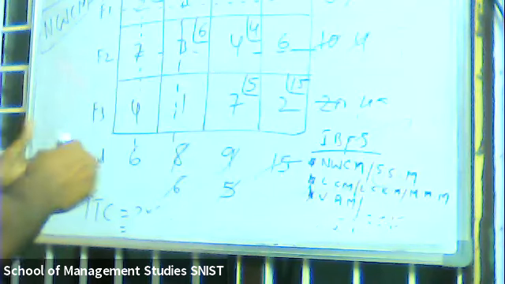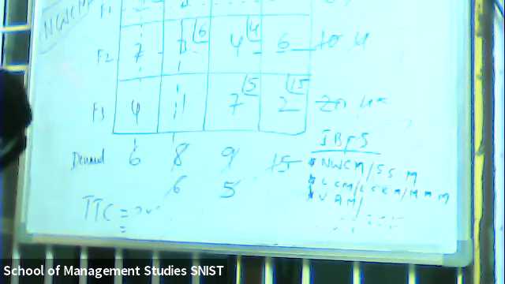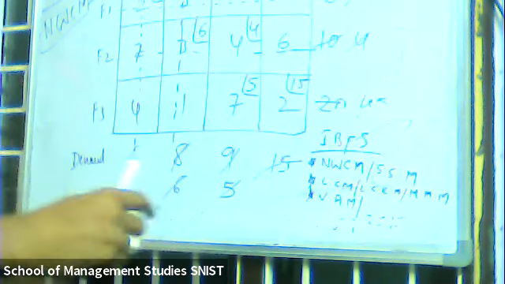Then the last one, VAM, Vogel's approximation method, also called the unit cost penalty method.